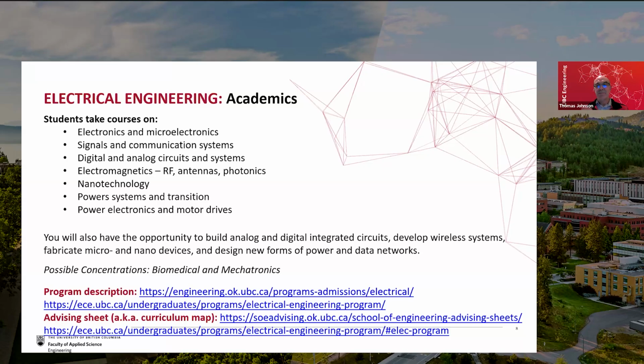And then as you progress to your more senior levels of study, you can specialize in different areas, maybe in microelectronics or communications, analog RF circuit design, antennas, and various other areas, power systems. Also within our programs, we've got specializations in biomedical and mechatronics. You can choose to select a set of electives that focus on these areas.